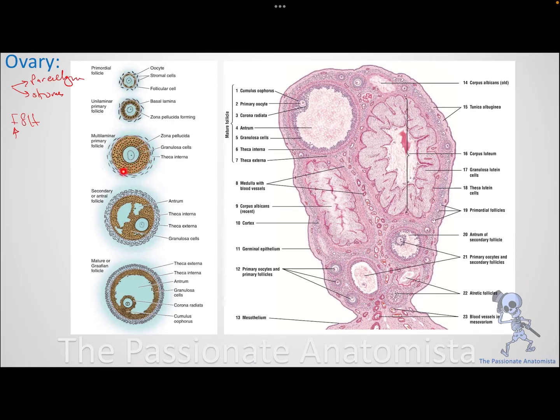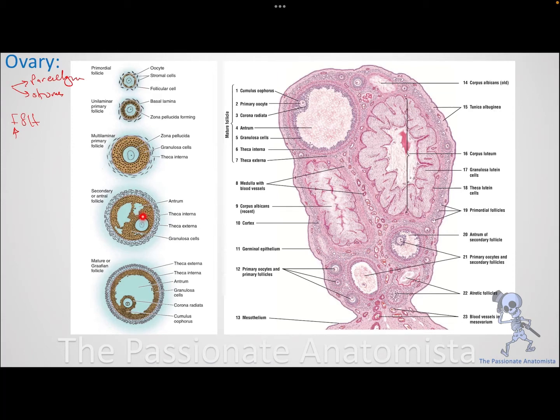These cells will now start to secrete fluid, and that fluid is what we call the liquor folliculi. It's a follicular fluid, and because of that fluid there will be rearrangement of the cells, and these follicular cells are going to be called, after some time, granulosa cells.